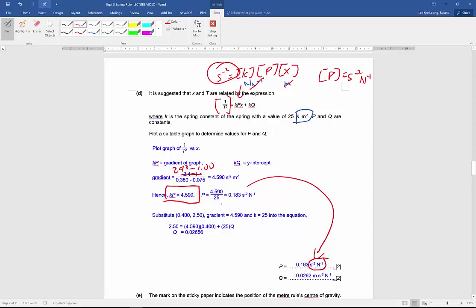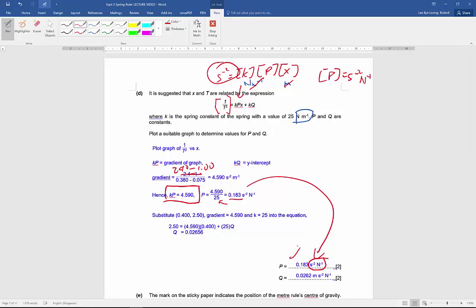Now 25 is the least precise, and 25 is 2SF. So my final answer should be either 2SF or 3SF. So I leave my final answer to be 3SF. That is okay, no problem. But if I leave my final answer to 4SF, that'll be wrong. If I leave my answer to 2SF, that's fine.